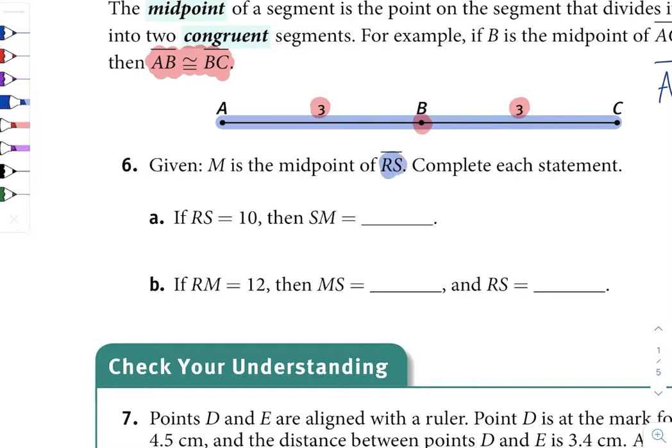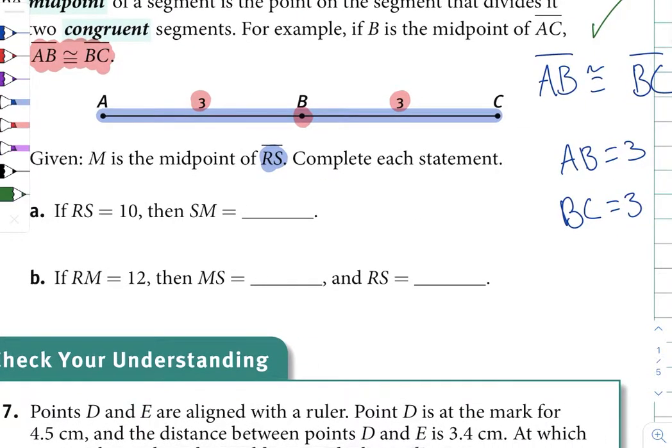So RS is going to be a line segment, so I can go ahead and draw a line segment. It starts at R and ends at S, and it didn't really matter which side was which. I could have put S on the left and R on the right. And it says M is the midpoint. So the way you do this is you try to find the middle as much as possible, right? We can label that M.